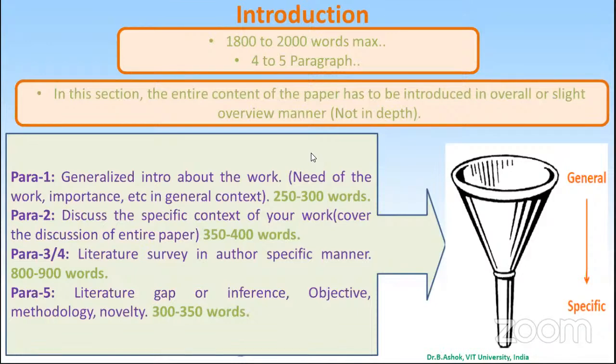Within that limit only you need to explain. That is another important aspect of the literature survey explanation. Minimum 8 papers to 12 papers you can explain in this section.